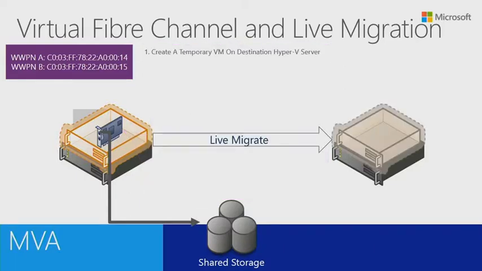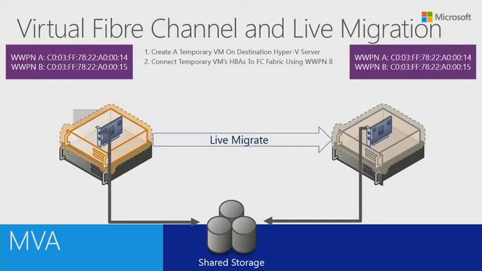So you're provisioning a VM with two sets of worldwide node names and port names, because when a VM is live migrated from a source to the target, there's going to be a point where you have to transition that access, and you want to do it without breaking access to the storage.